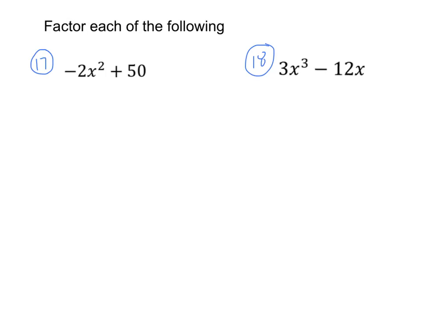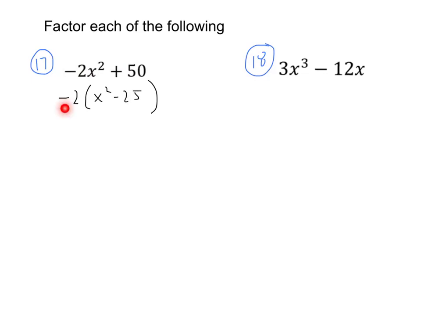All right, lastly, let's take a look at these two. It kind of looks like these don't follow the pattern because I've got 2, 50, those aren't perfect squares. But you know what? There's something we could do. We can actually factor out the greatest common factor here. So I could pull out a negative 2. And then I have x squared minus 25.